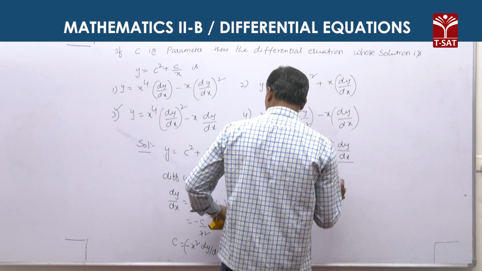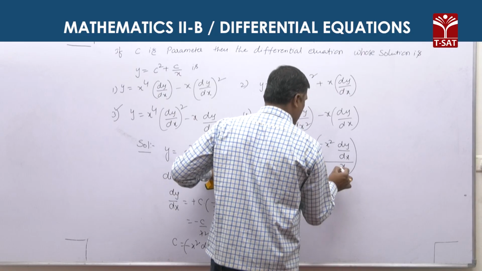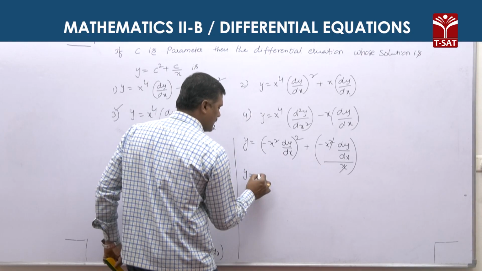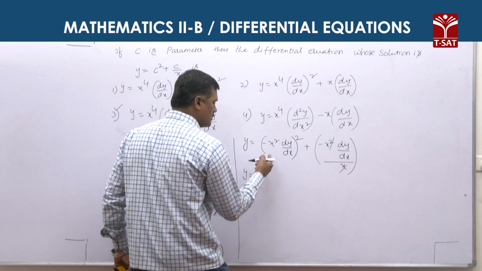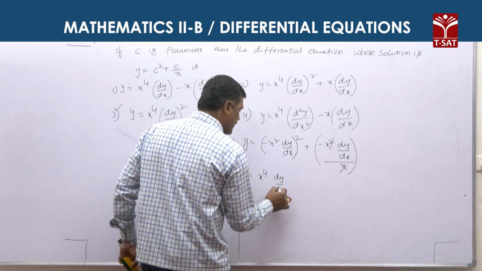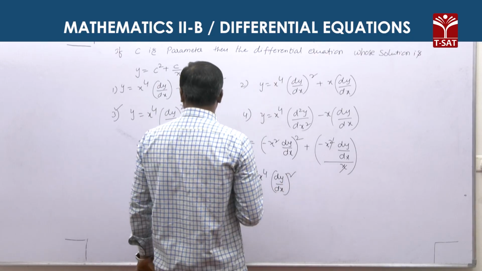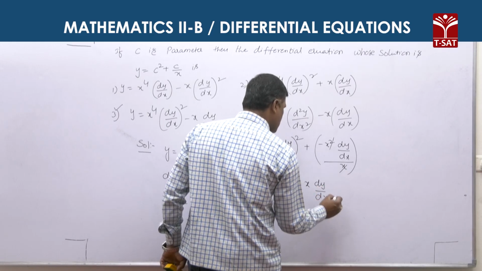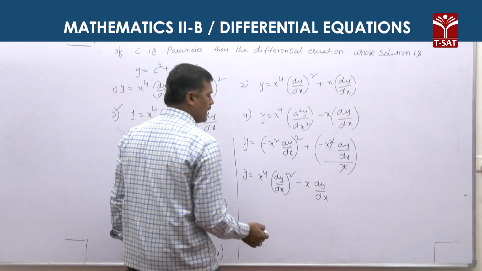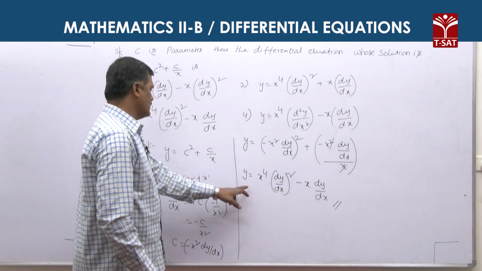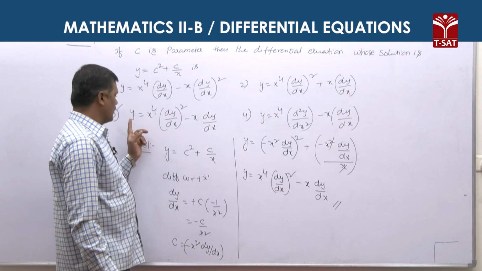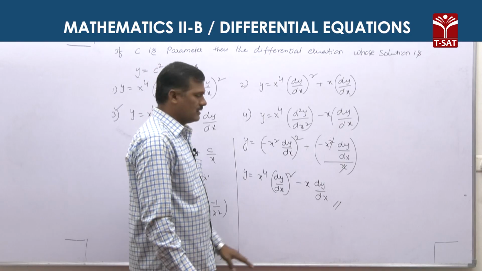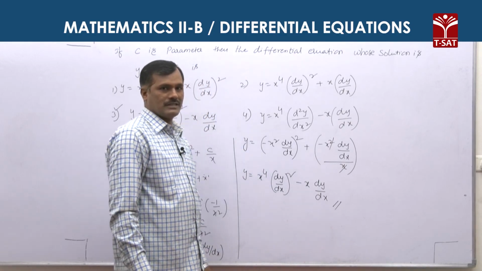Then c by x, the x will cancel, and we get y is equal to x power 4 into dy by dx whole square, which is positive, minus x into dy by dx, which is the required differential equation. So the option is 3: y is equal to x power 4 into dy by dx whole square minus x into dy by dx, which is the obtained differential equation of the given problem.